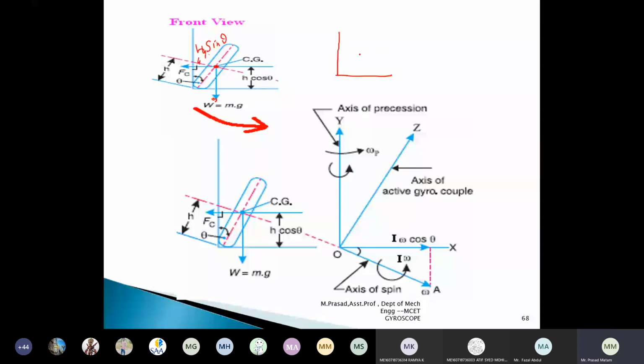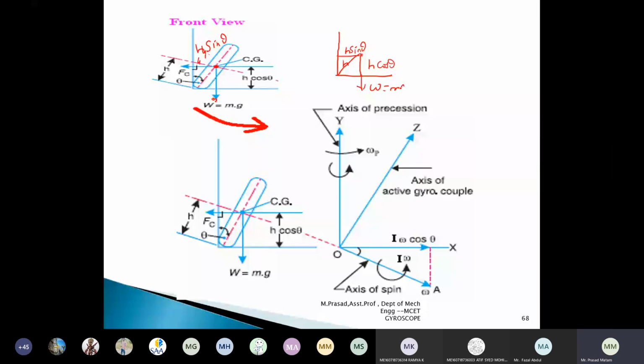This is my center of gravity of the vehicle, which is given by h. Now I am resolving this h along the x-axis and y-axis. This I call h cos theta, this I call h sin theta, and this is the height h. W is the weight of the vehicle acting downwards through the center of gravity, and on the left side the centrifugal force Fc is acting.